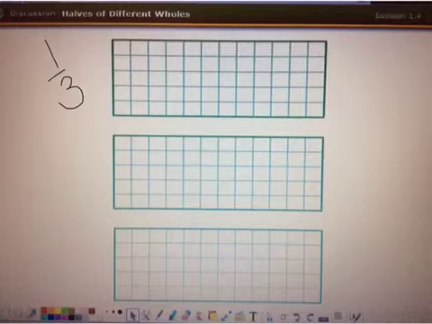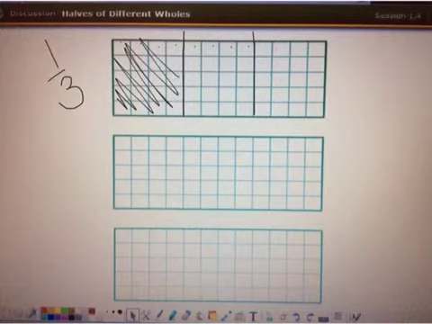I know that there are 12 rows going vertically, so I can do 12 divided by 3 is 4 and count 1, 2, 3, 4, and then divide 1, 2, 3, 4, and divide again, and then I have equal fair shares with 1/3. I'll shade in my 1/3 to show the fraction.